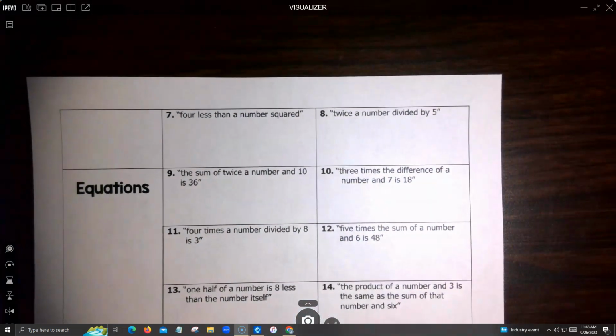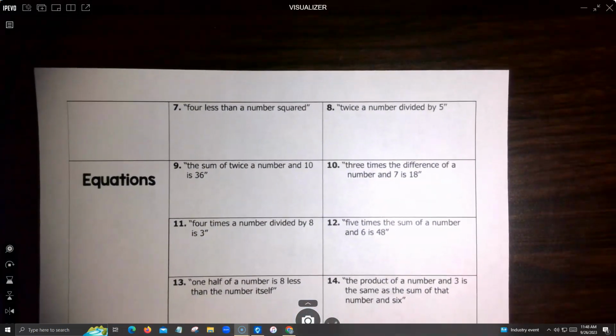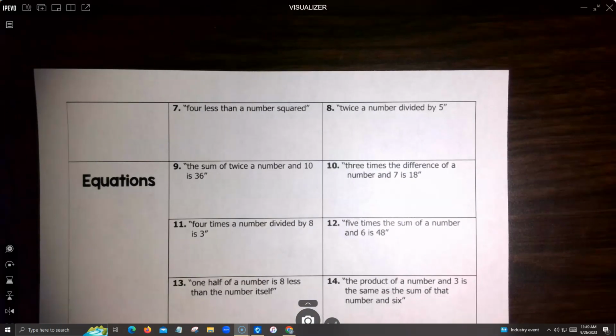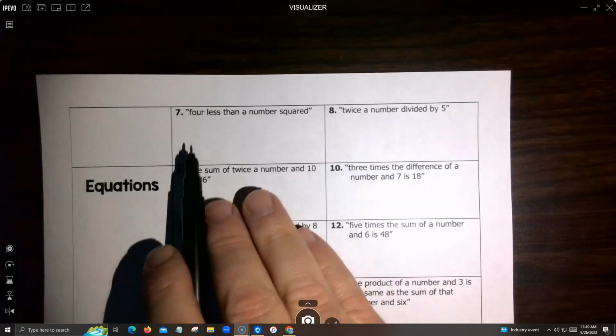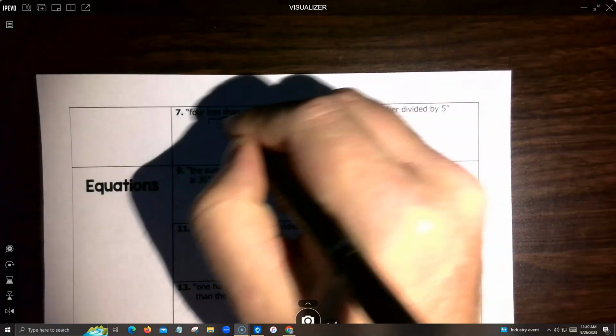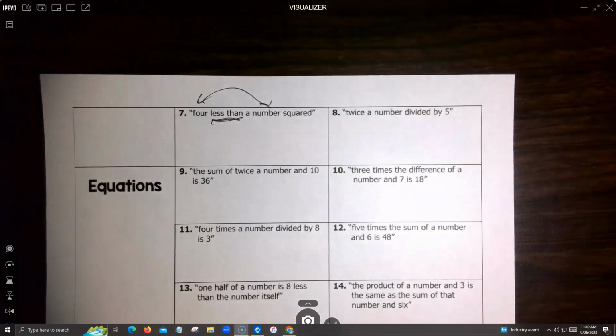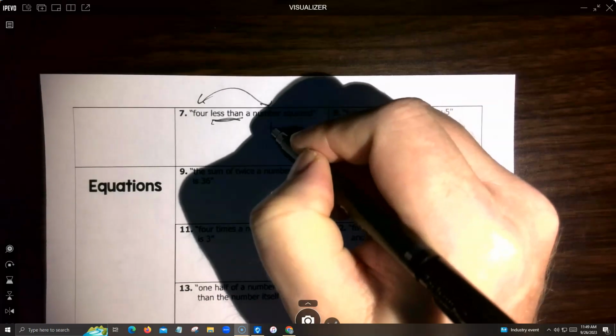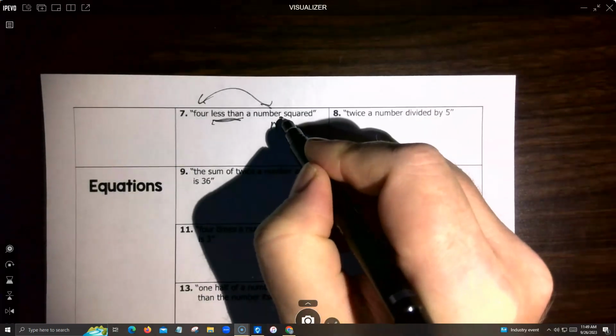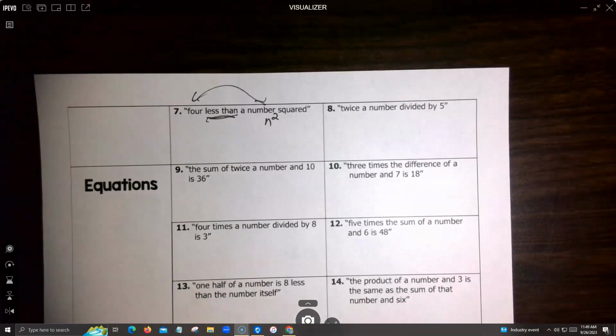Okay. Side 2. Mine's in 2 pages so it wouldn't soak through. All right, so 4 less than a number squared. I kind of threw this in a little bit, but again, 4 less than a number squared. As soon as you see the words less than, these go in the opposite order. A number is n. Squared means a little teeny exponent of 2.